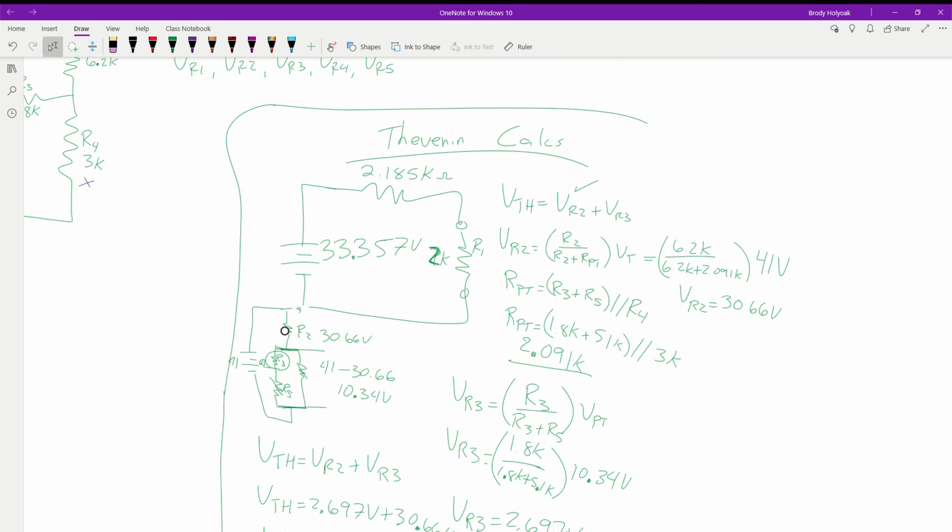So now we need to solve for voltage and current of R1. Easiest thing to do is just use voltage divider. So VR1 actual is equal to 2K over 4.185K, and that's multiplied times the 33.357.